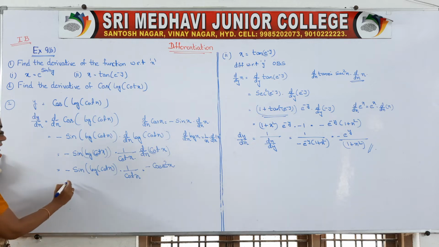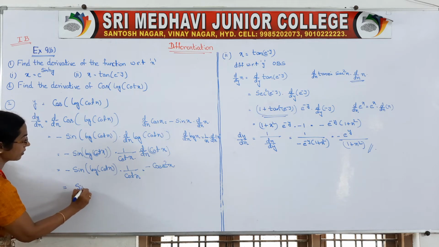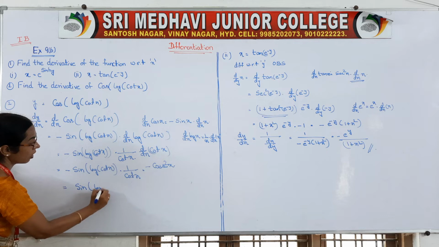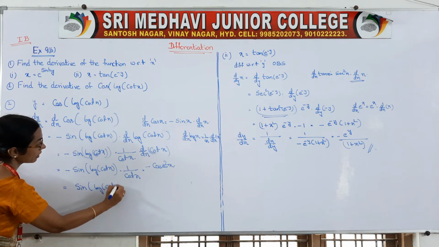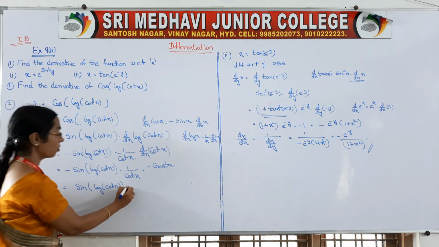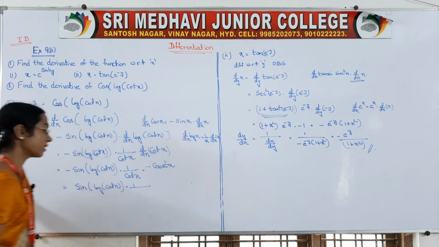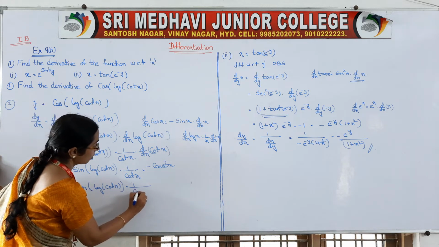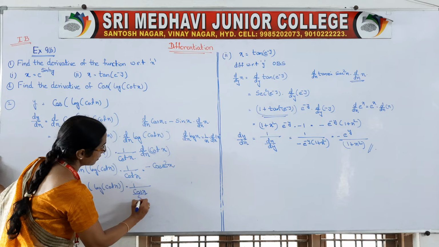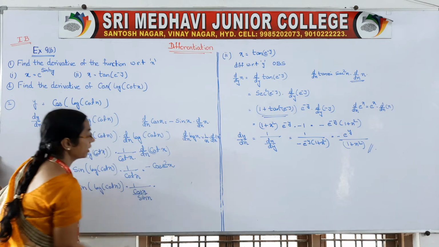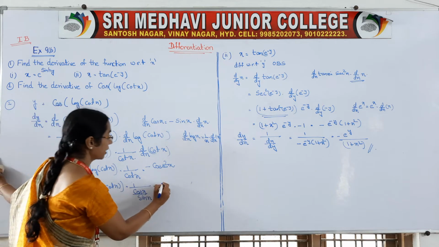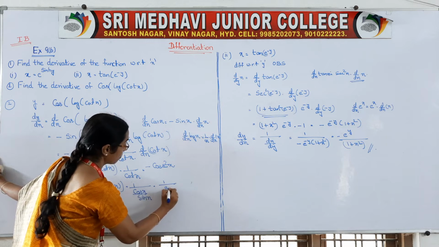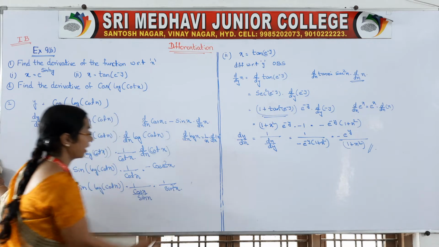So minus of minus plus, so it is sine of log of cot x into 1 by cot x, which can be taken as cos x by sin x, and cosec square can be taken as 1 by sin square x.